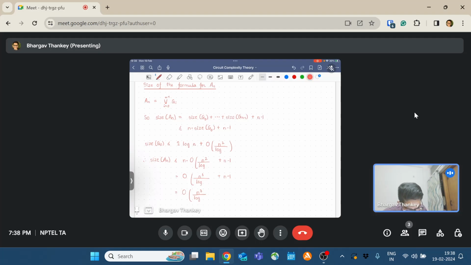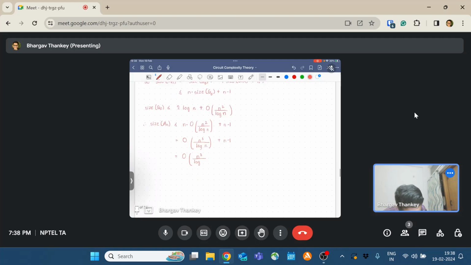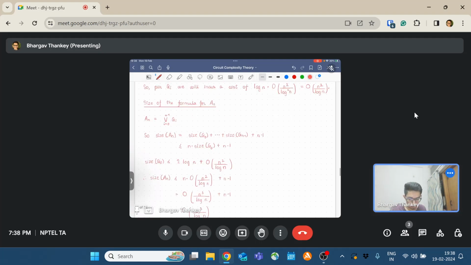So it's log n over here, so it's order n cube over log n, because this was log n, not log square.